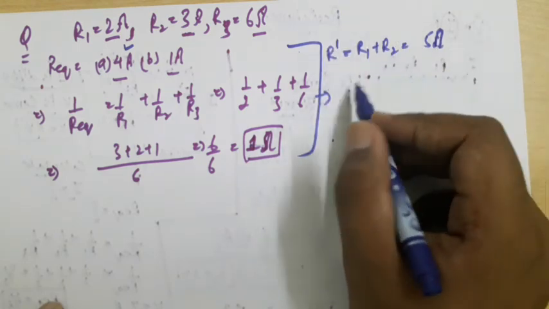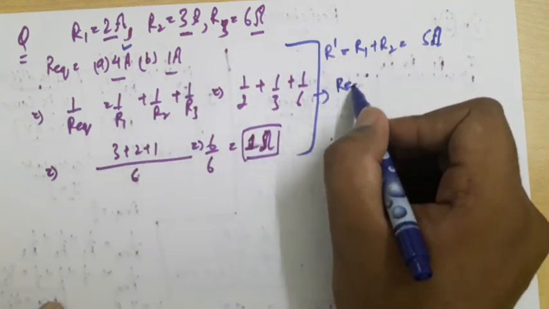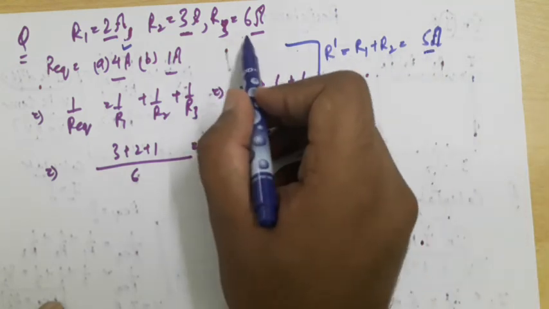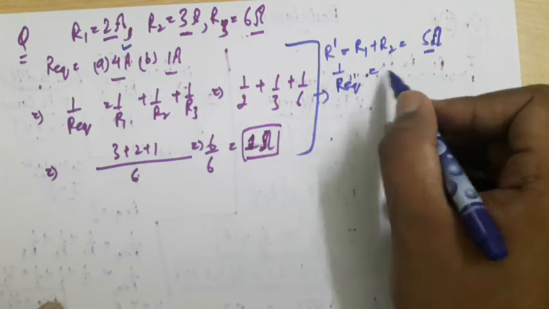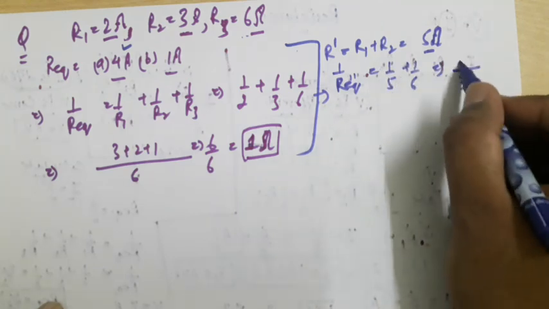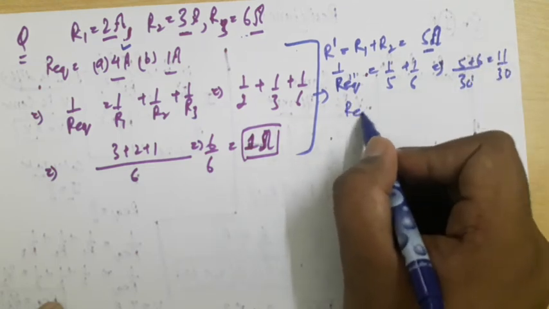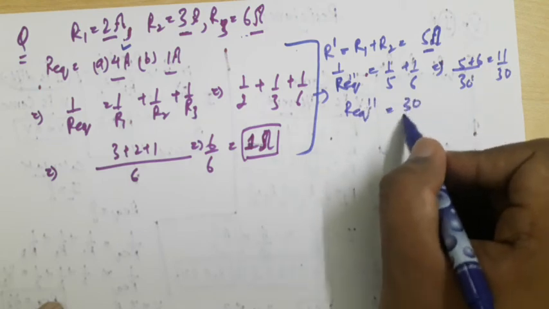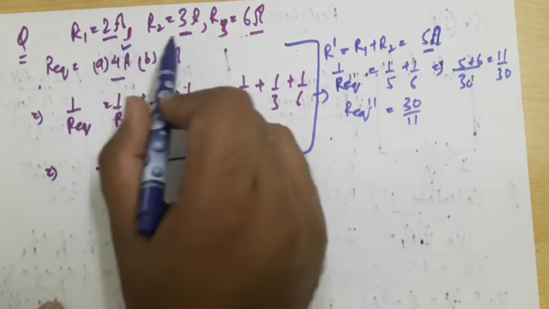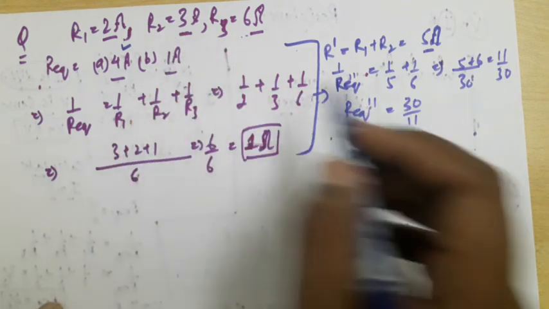Now, I'm connecting this 5 ohms and the last one, 6 ohms, in a parallel arrangement. So it becomes 1 by 5 plus 1 by 6, that is 6 plus 5, 11 by 30. So R equivalent will be 30 by 11. So it is not coming to 4 ohms. When the first 2 resistors are joined in series and the third one in parallel with them, the answer is not coming.